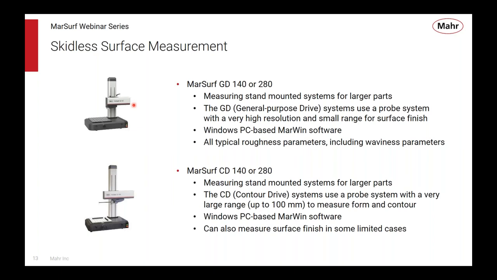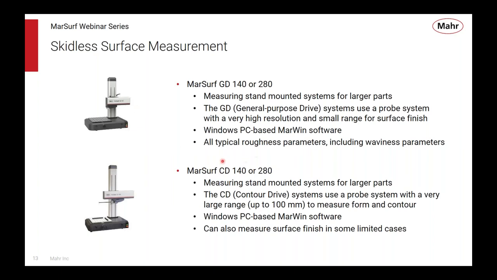In order to get that very high resolution, it gives you maybe half a millimeter or a millimeter of measuring range with something like a half a nanometer or a nanometer of resolution within that range. So it's very, very tiny in terms of the range, but the resolution is such that you can see a lot of detail on the surface and can very well measure the surface roughness.